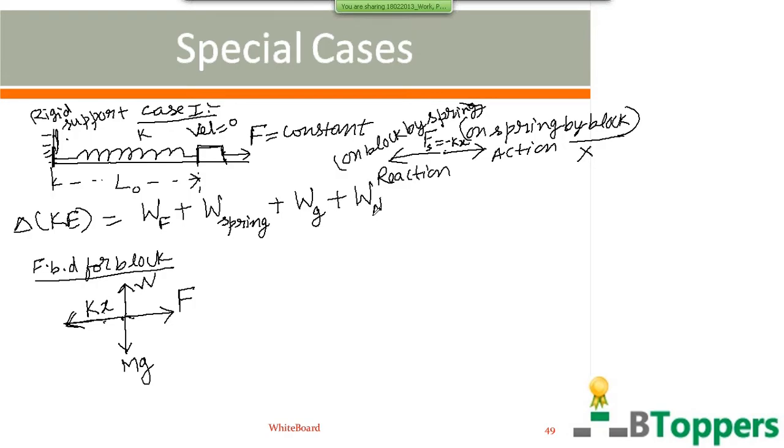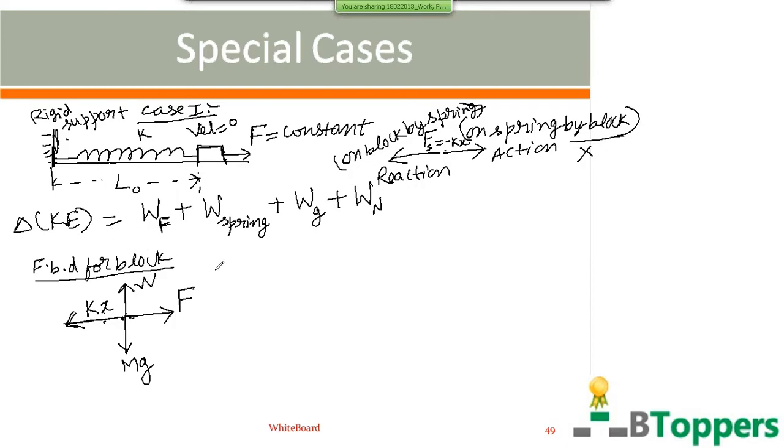Here Wn is the work done by the normal reaction force on the block. W subscript g is the work done by the gravitational force on the block. W subscript spring is the work done by the elastic force by spring. Wf is the work done by the constant force F applied on the block by the external agent.